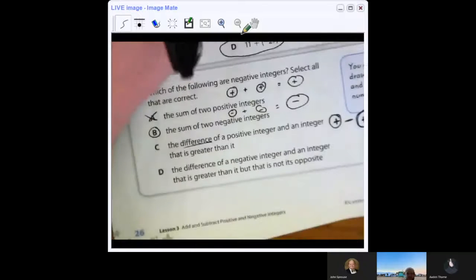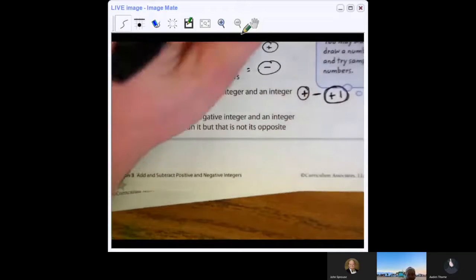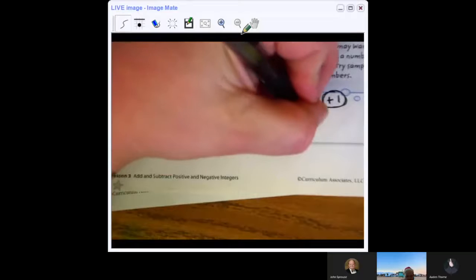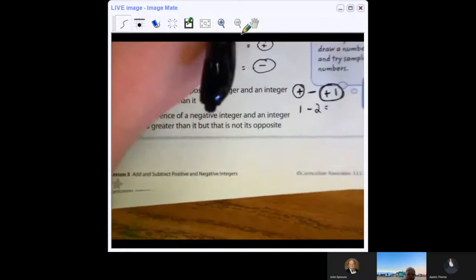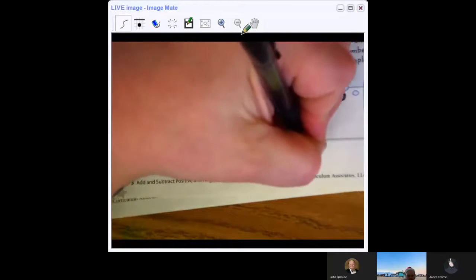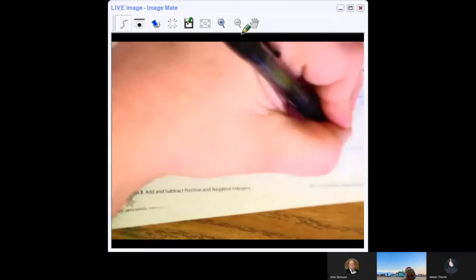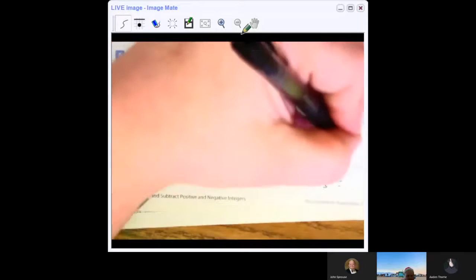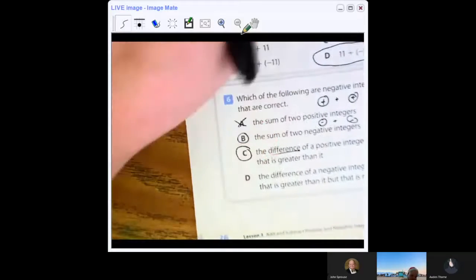So if I had, say, the lowest one that we could do for positive integers would be 1 minus 2, or 2 minus 3, 3 minus 4, 4 minus 5. They all give me the same answer of negative 1. So this one would also be correct.